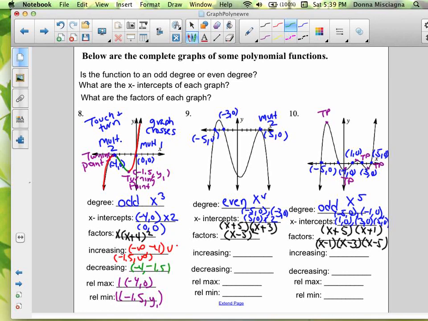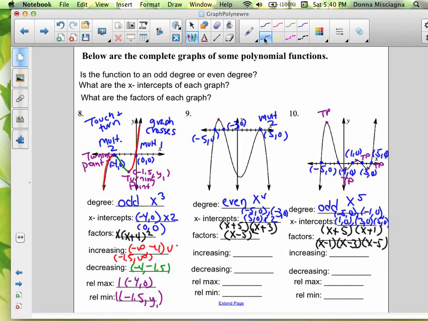Let's go to the next graph. So we're going to write in our relative max and mins. We have 2 relative maxes. One is right here. And I should really move this, because that goes with that.